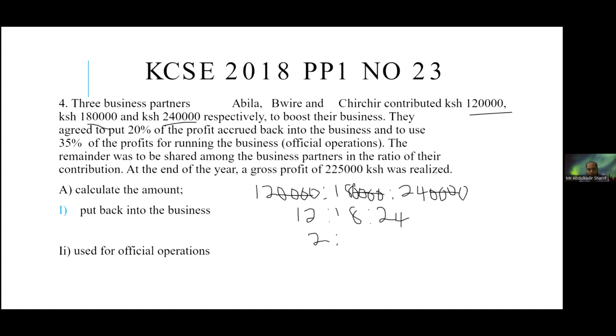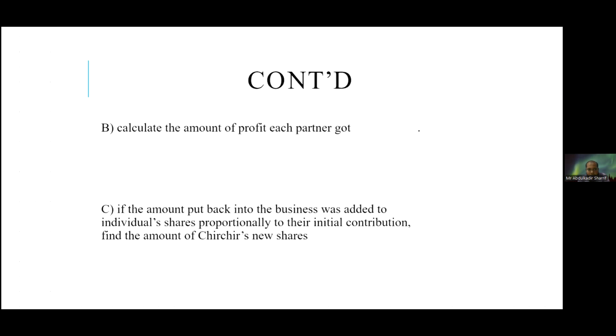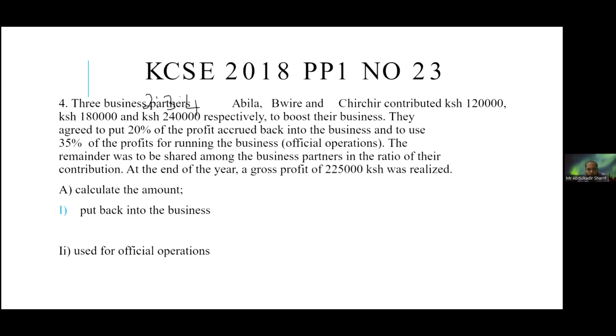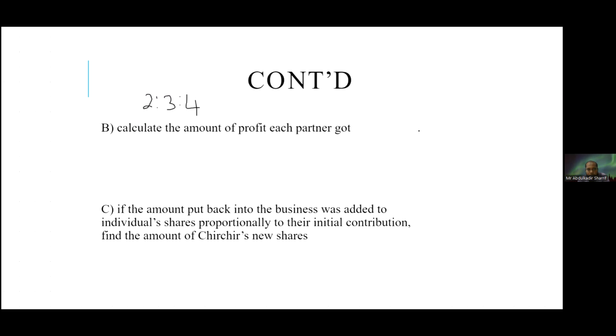So answer yako ya ratio mwanzo ni 2 is to 3 is to 4. So remember, our ratio is 2 is to 3 is to 4. And who are these guys? Abila, Buire, and Churchill. So 2 is Abila, 3 is Buire, and 4 is Churchill.